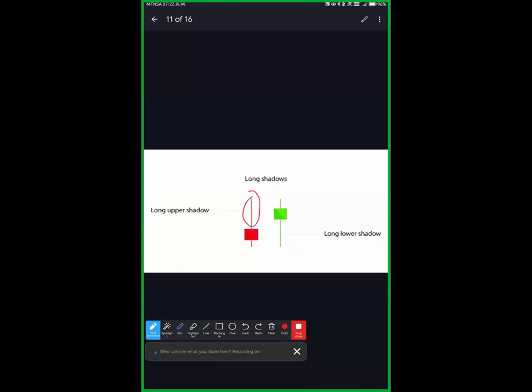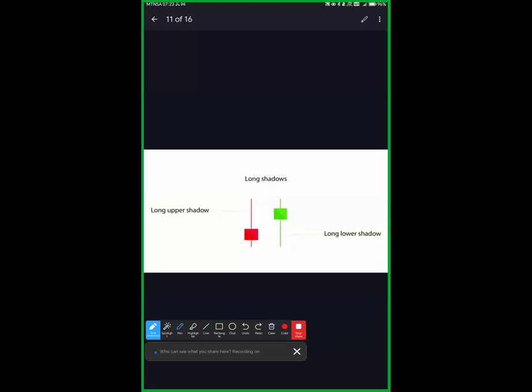Long shadows tell a trader that the trading session occurred very well. Why did it occur very well? Because it is showing you the opening of the price and the closing of the price. The opening of the price, I'm pointing here, this is a red candle.